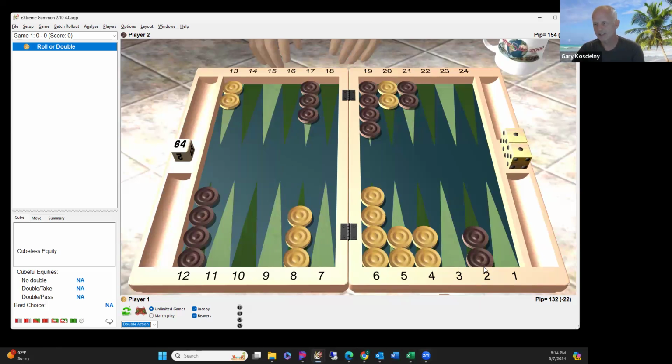So certainly black has something in contact. The question is, is the 2-point enough of a contact advantage? But also the other part too is, if we're trying to double this, do we have enough threats? We came up with 8 rolls that would be considered threats.